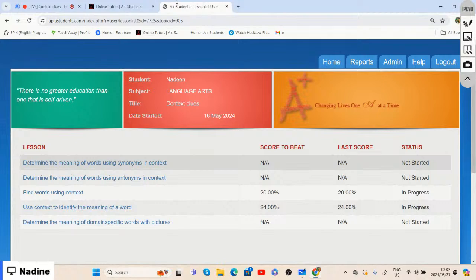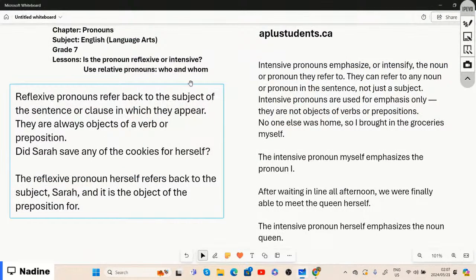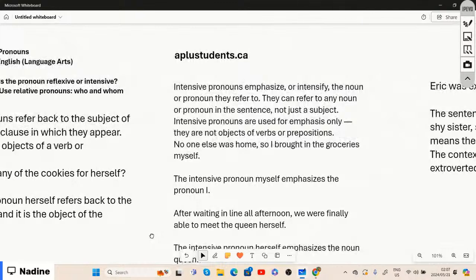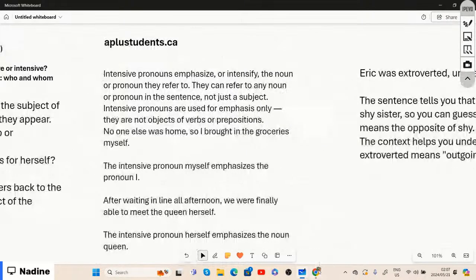All right. So we are doing context clues. Our chapter is context clues.